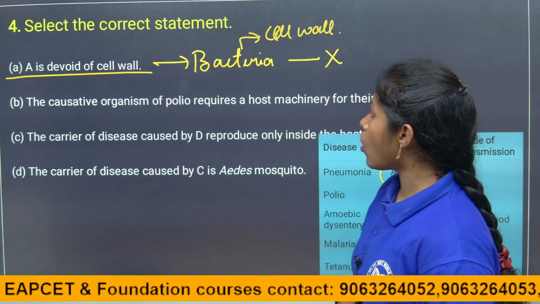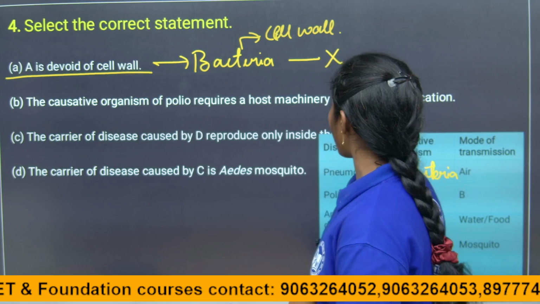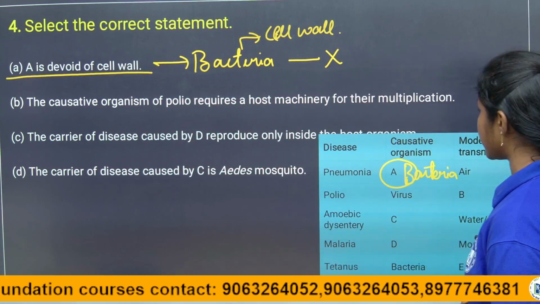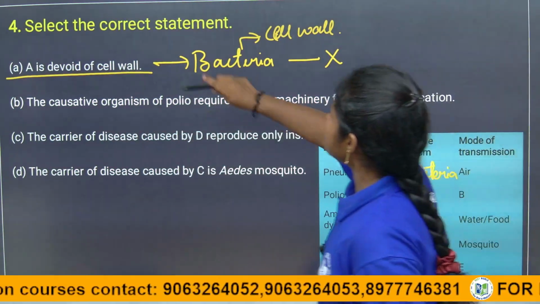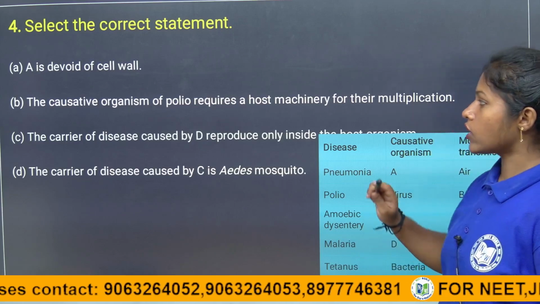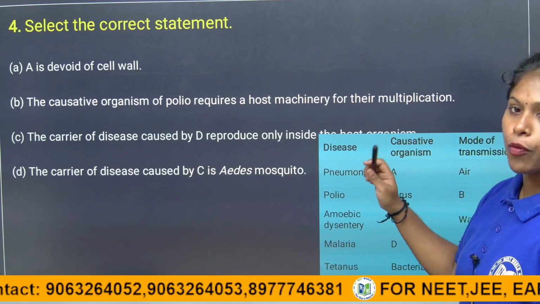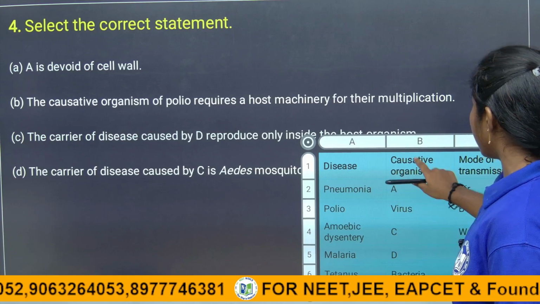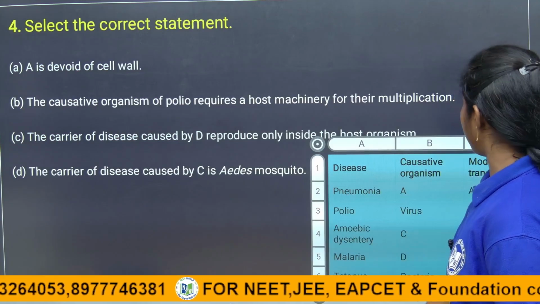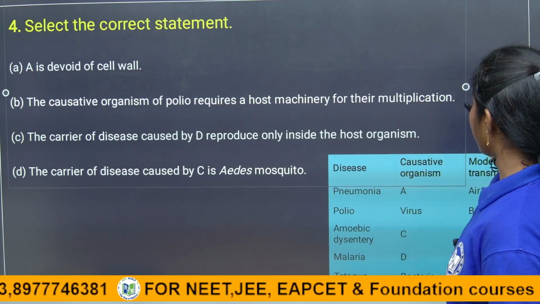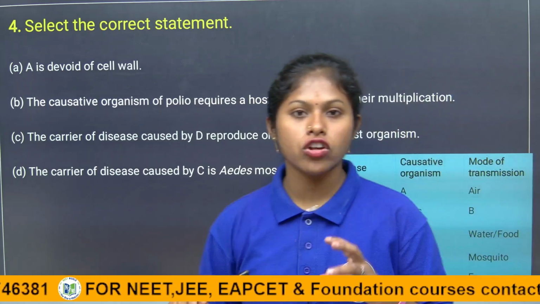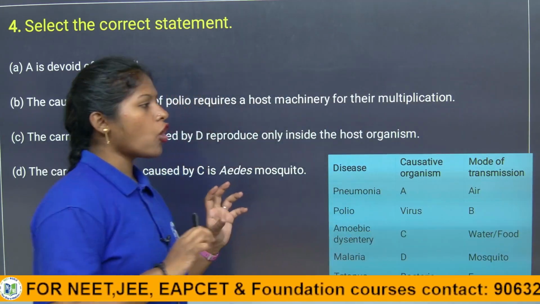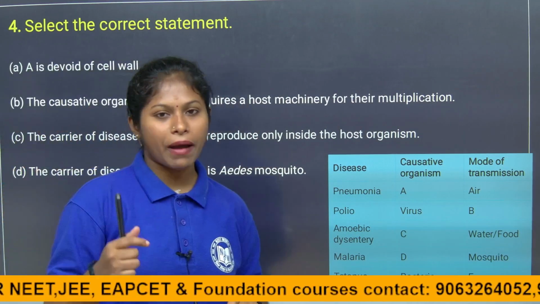The causative organism of polio requires a host machinery for their multiplication. So, children, here they are asking about the causative organism of polio. Polio is caused by a virus. We all know that viruses are smaller than bacteria.